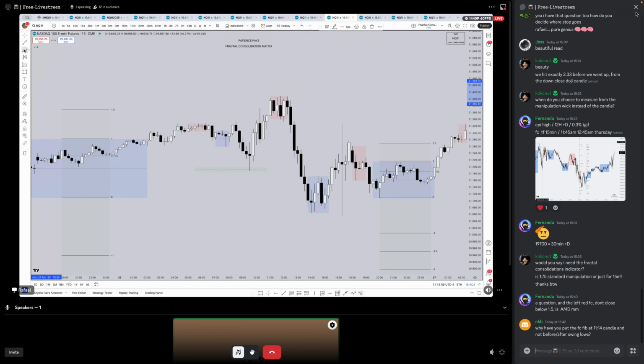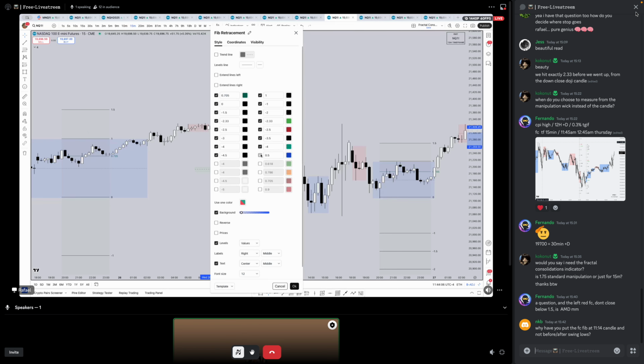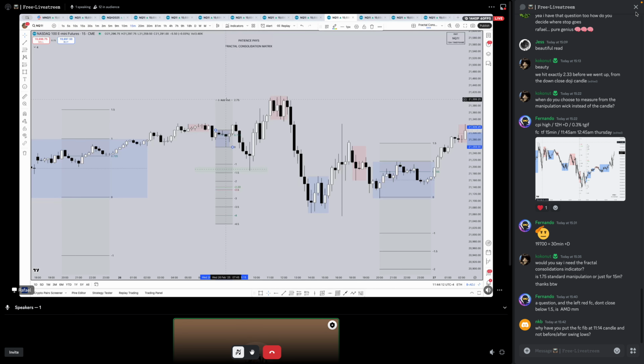And maybe the same like here. You can see, yeah, perfect. So yeah, same story. Consolidation bullish, manipulation leg, 50% of 4.5 here.